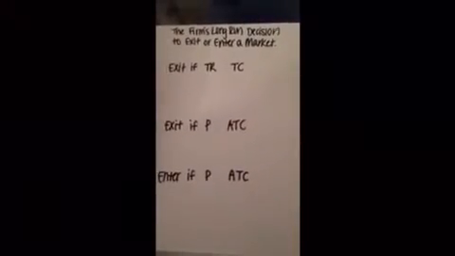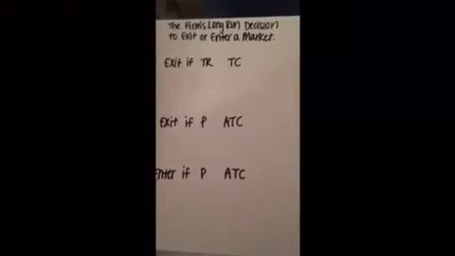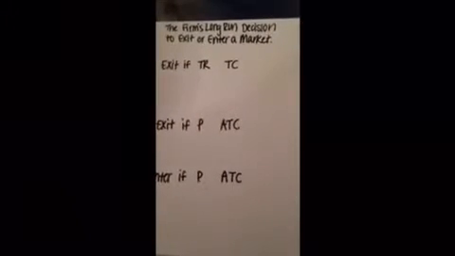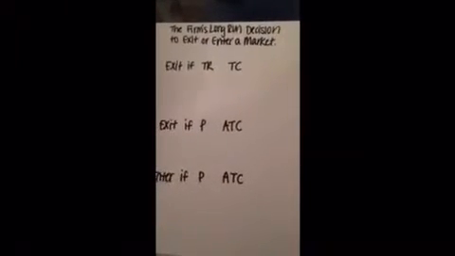Now we're going to discuss the firm's long-run decision to exit or to enter a market. So, the firm exits a market if the revenue it would get from producing is less than its total cost. So we can make this criterion more useful by writing it mathematically.